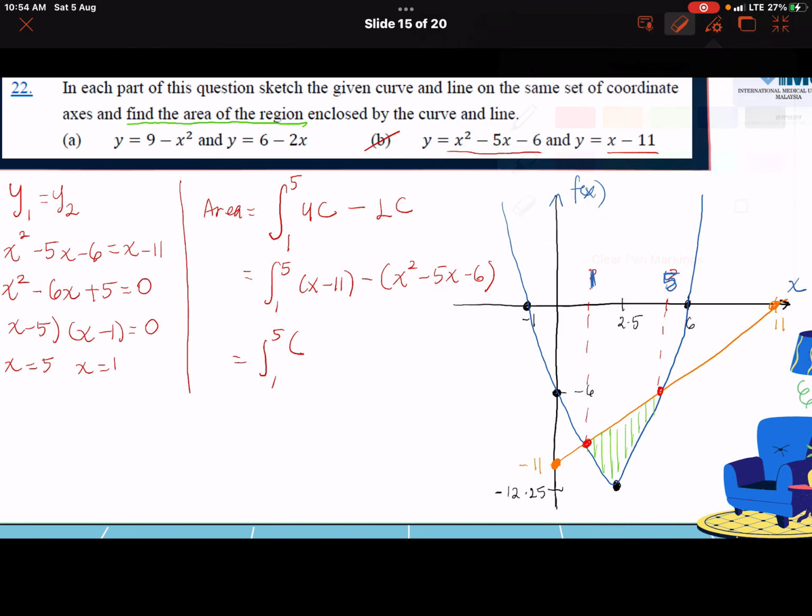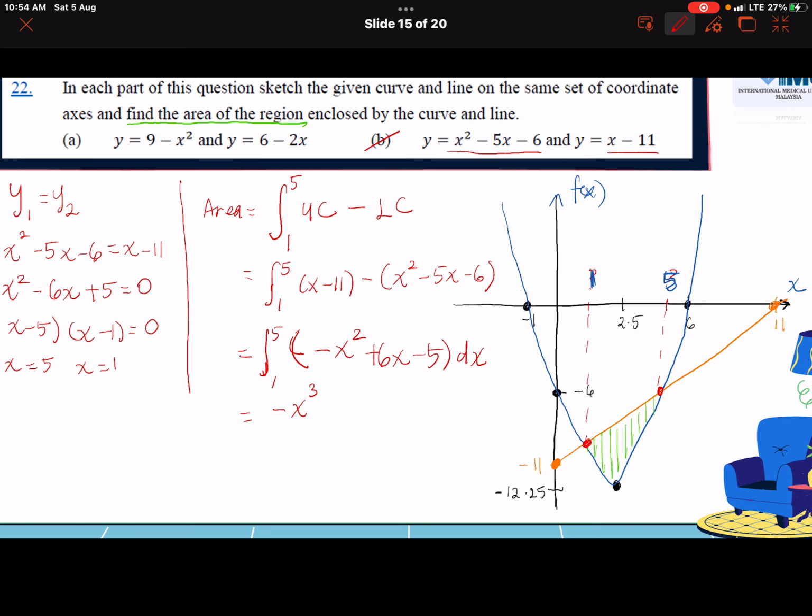Hold on, let me erase this. There is slightly a typo. Right. The integral from 1 to 5 of negative x squared plus 6x minus 5. You're going to integrate with respect to x. Now, integrate carefully.